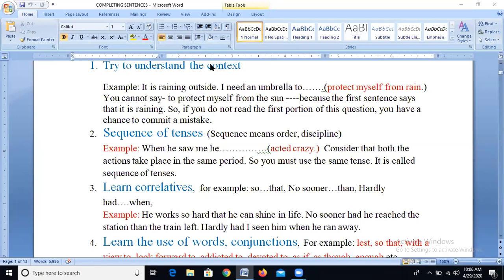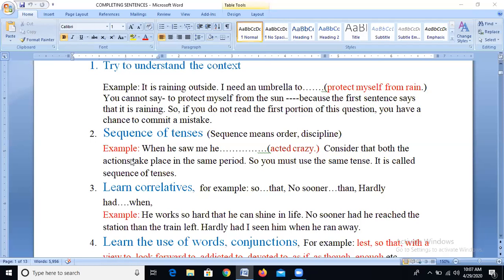Because if you cannot maintain the sequence of tenses, you must not be grammatically and contextually correct. So if you want to be grammatically correct and contextually correct, you must maintain sequence of tenses. Sequence means order or discipline.